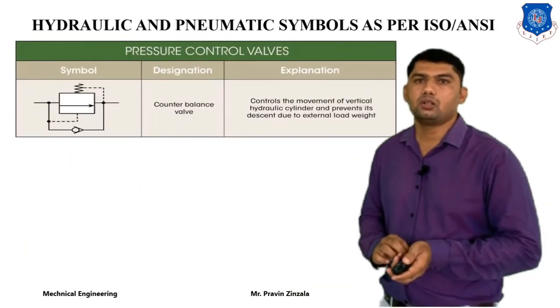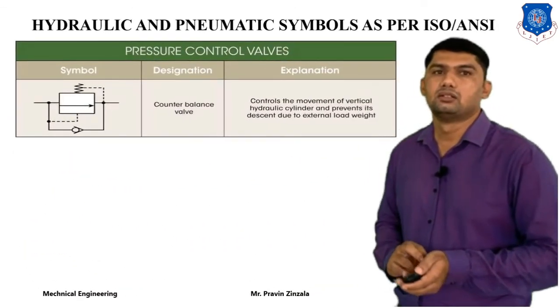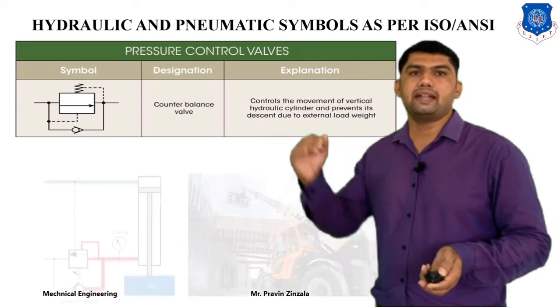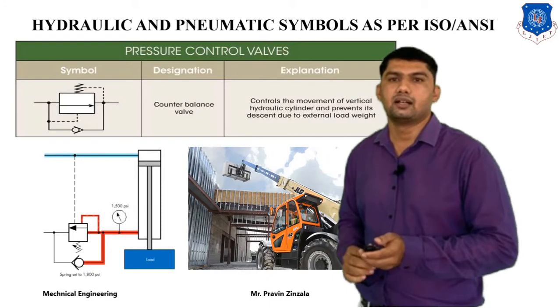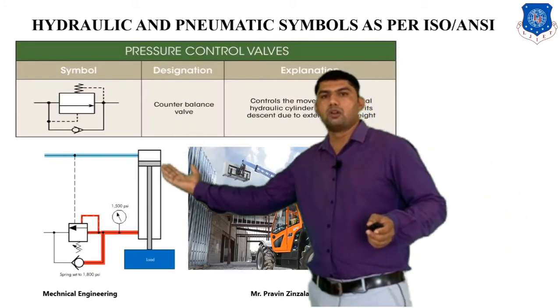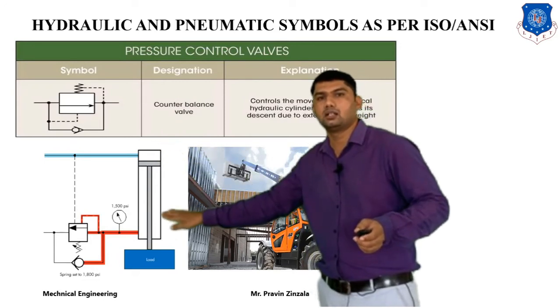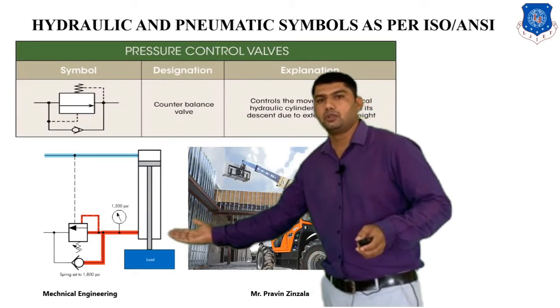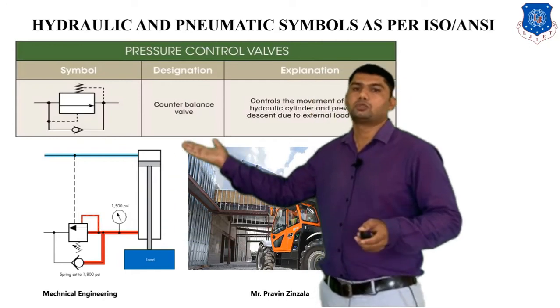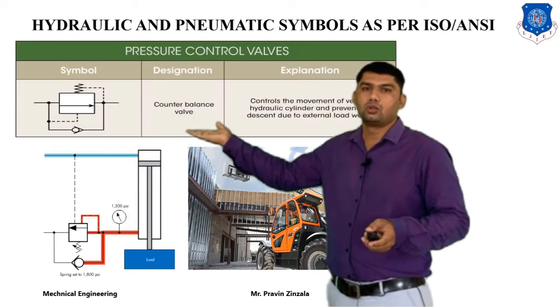The next pressure control valve is the counterbalance valve. It is also used to continuously maintain a vertical cylinder. Let's take one example. During the downward stroke, the cylinder moves easily to the downward position, and during extraction, fluid passes from bottom to top, so the cylinder comes to the top position.